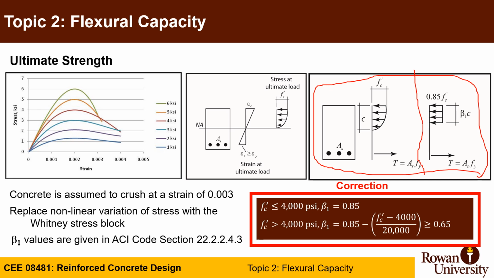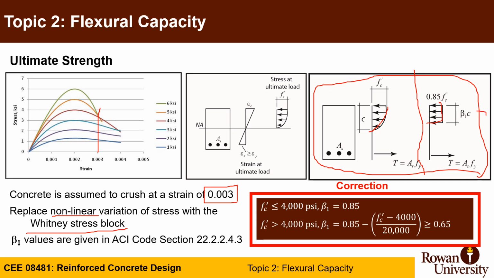Concrete is assumed to crush at 0.003. This is the main assumption now. As you can see here, concrete is assumed to crush at this level. You replace the nonlinear portion with a uniformly distributed block called the Whitney stress block.